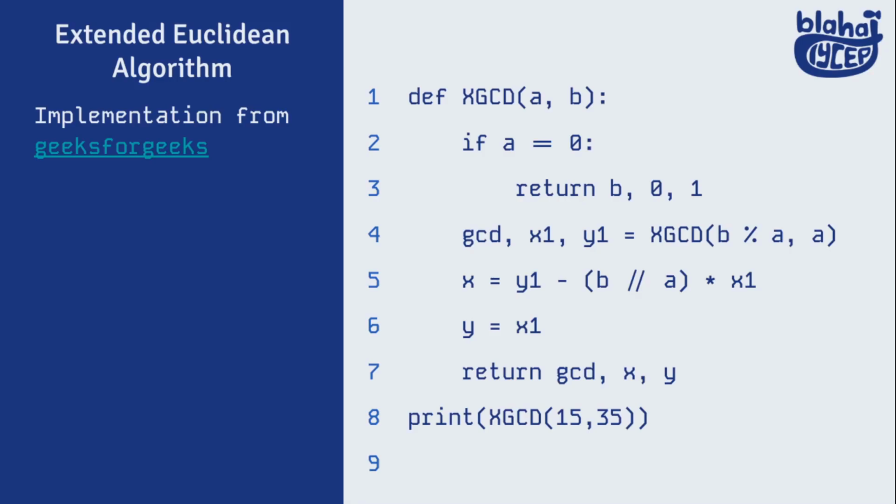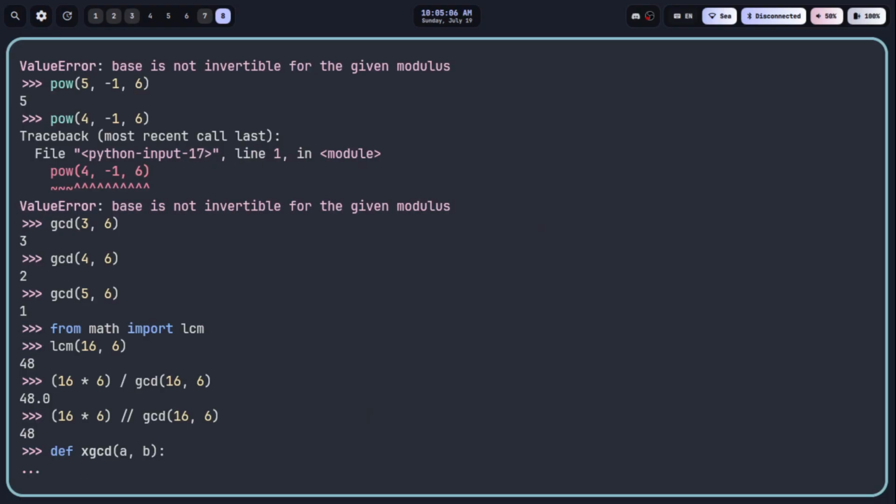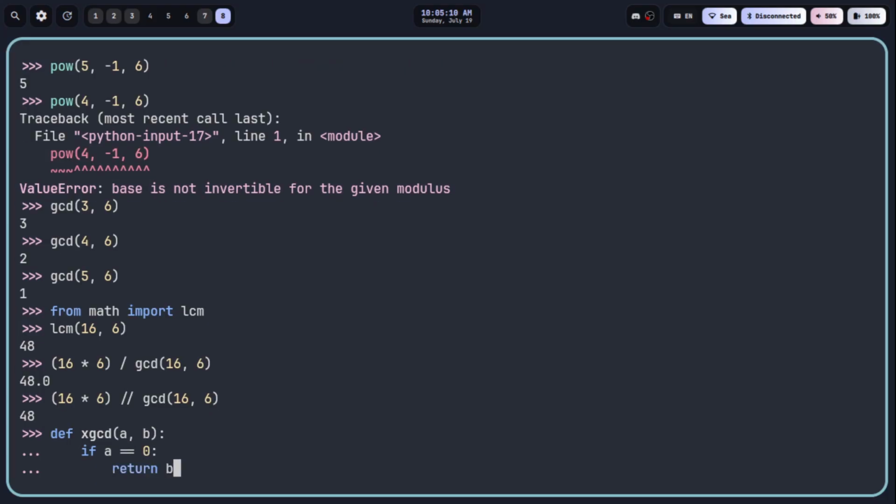Now David will be demonstrating the extended Euclidean algorithm. What a mouthful. So the extended Euclidean algorithm builds upon GCD, but it returns our additional x and y values, whereby ax plus by equals the GCD. So you can copy this code here. I've also sent the code in the Discord on the Crypto General. If you were to define the function, it's just XGCD a and b, and then we'll also use a bit of recursion. You don't have to understand why this algorithm works.